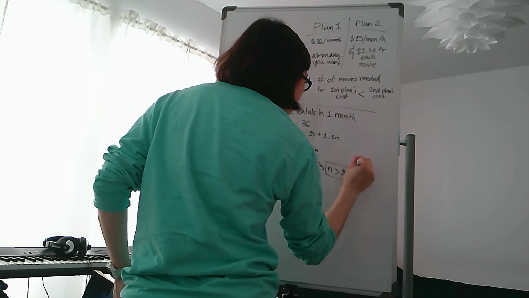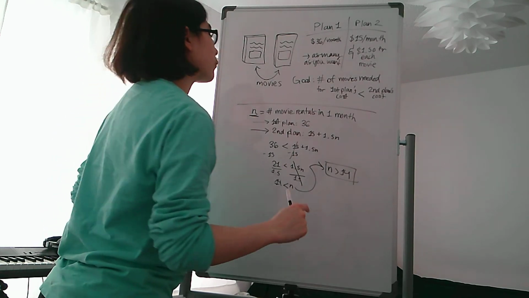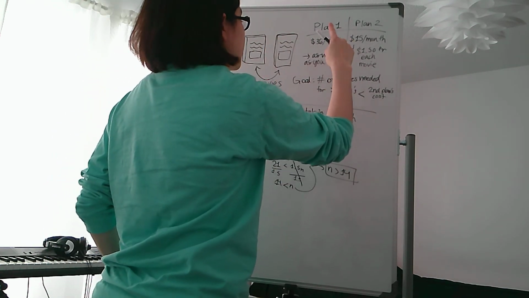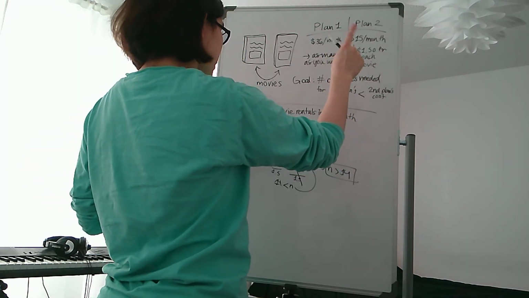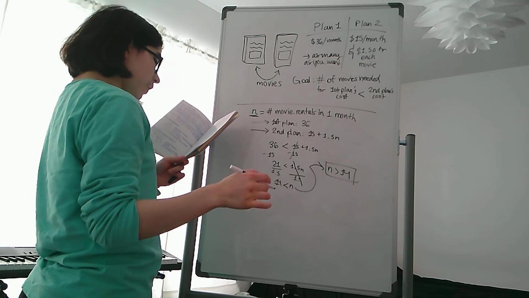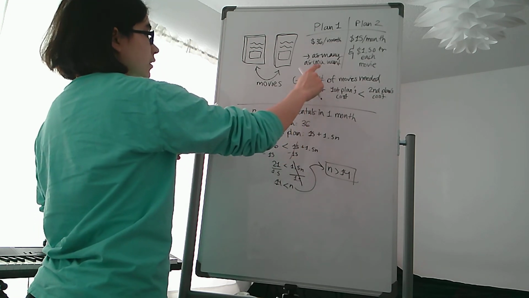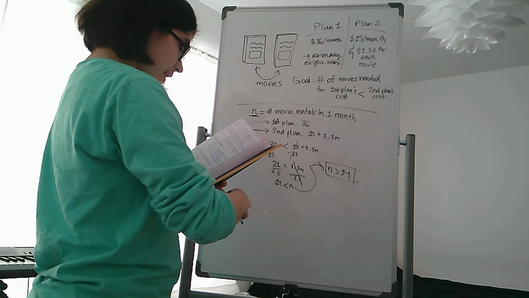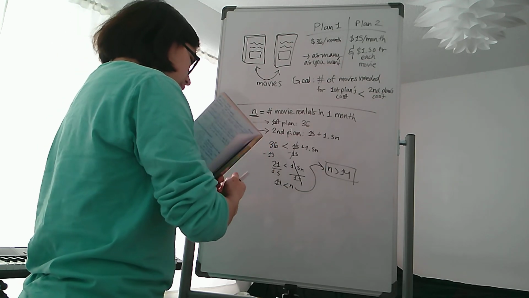This means you would have to rent more than 14 movies in a month for the first plan to cost less than the second plan. So that concludes this short word problem.